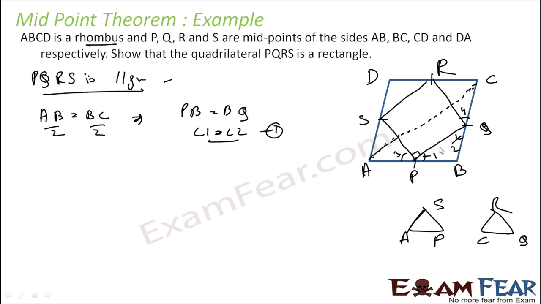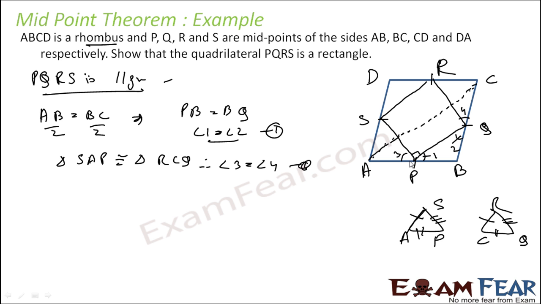AS will be equal to RC, half of the rhombus side. AP is equal to CQ, yes, half of the rhombus side. And SP and QR will also be equal, opposite sides of the parallelogram. So triangle SAP is congruent to triangle RCQ. Therefore, angle 3 is equal to angle 4.